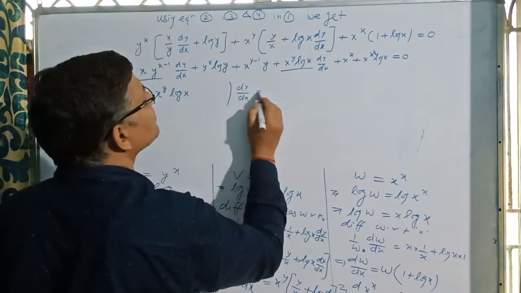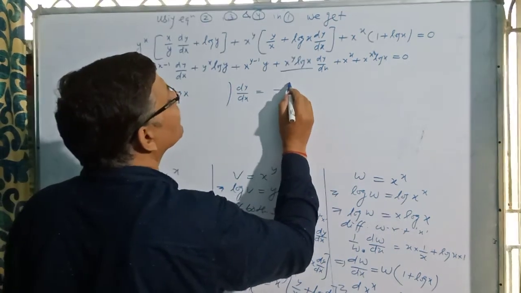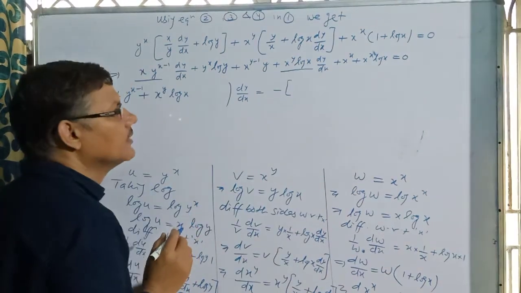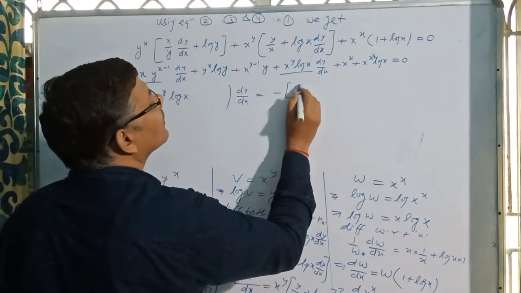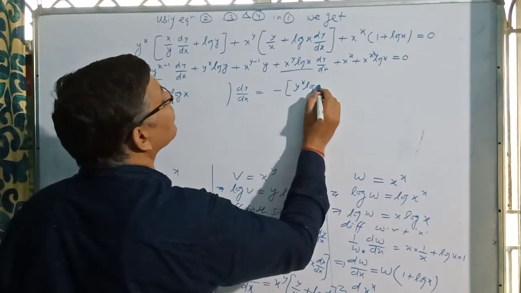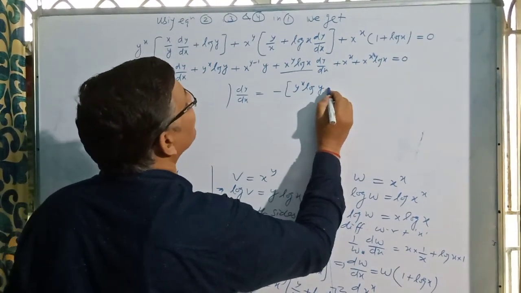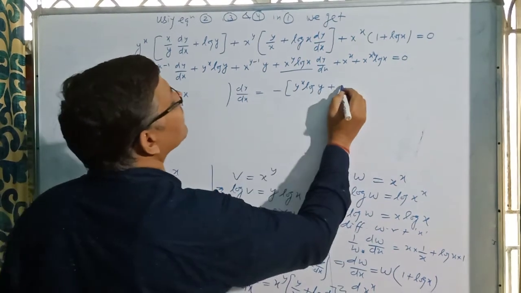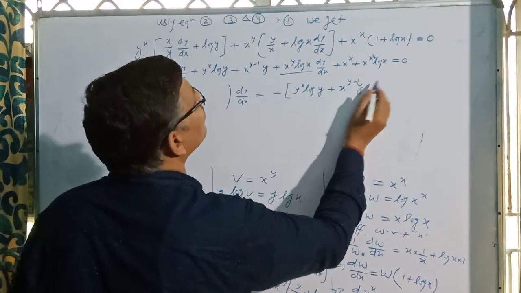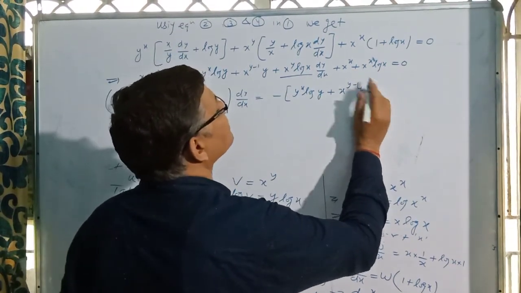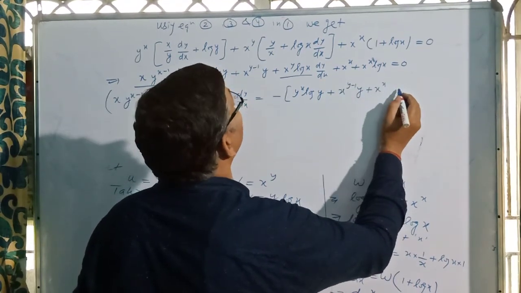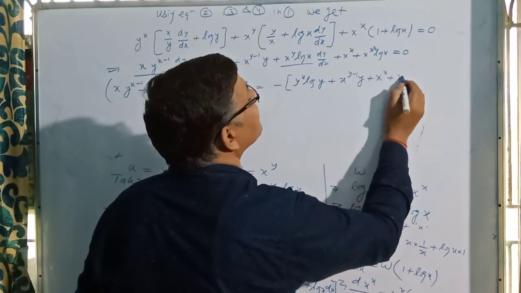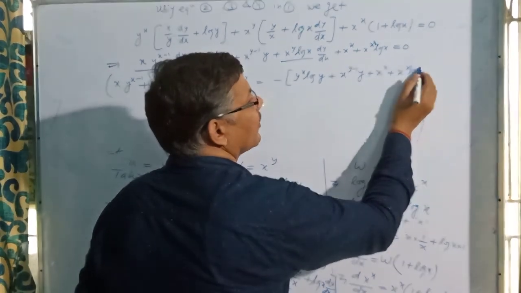When we transpose all other terms here, then we get first one is y power x log y, and it is plus, since minus is here, x power y minus 1 into y, then plus x power x, and it is plus x power x log x.